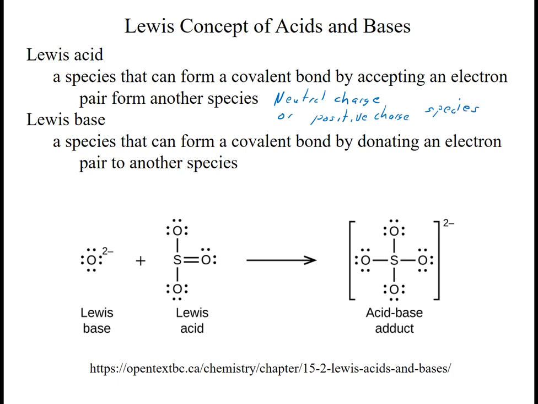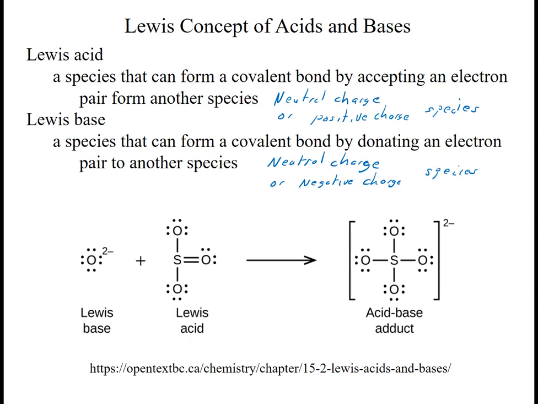I don't think I have any that is positive, but I do have a lot that are neutral. The Lewis base can either be neutral or it's going to be a negative charge. If it's neutral, you don't automatically know if it's an acid or a base. You kind of have to look at it.